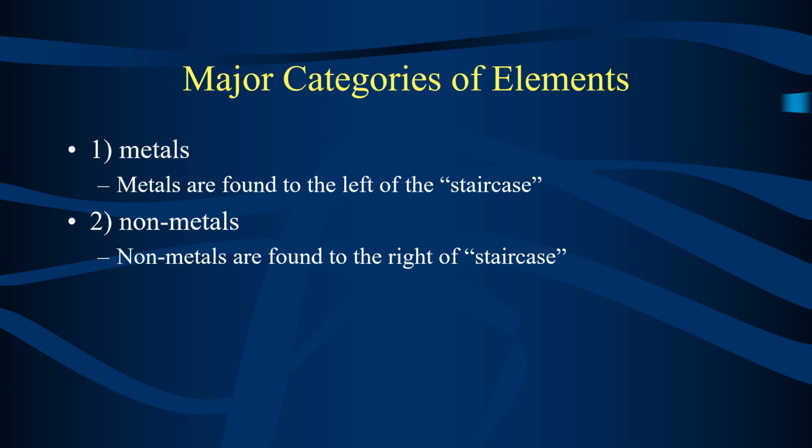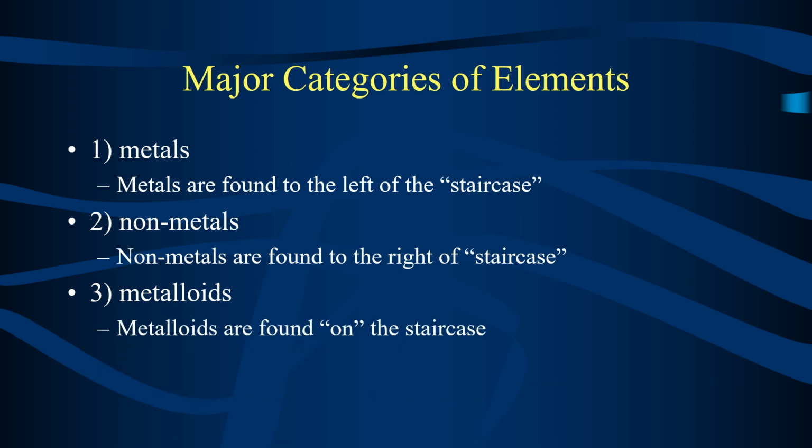If you're looking at your reference table, you can see that bold line that starts right around boron. That's what I'm talking about when I say the staircase. And then the third category is called the metalloids. Metalloids are the elements that touch the staircase. Another name for metalloids that you'll sometimes see is semi-metal.